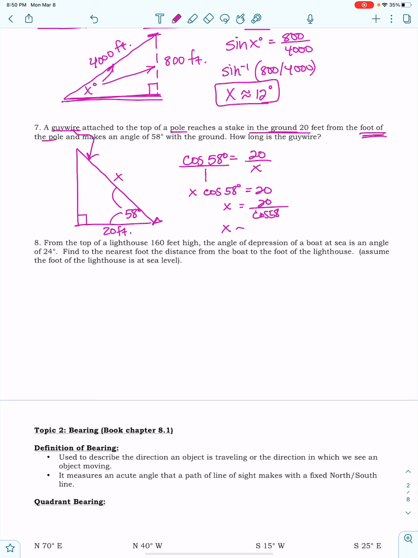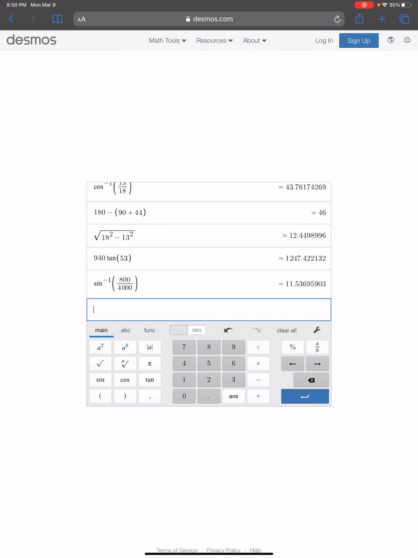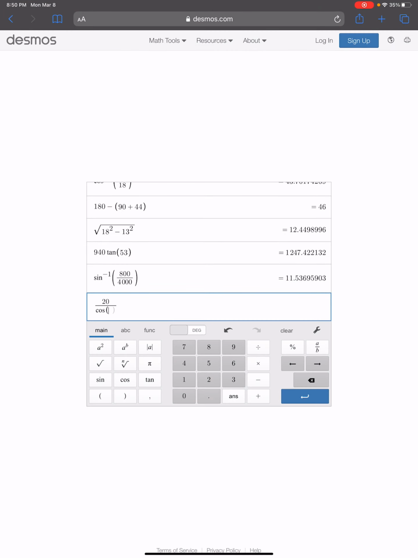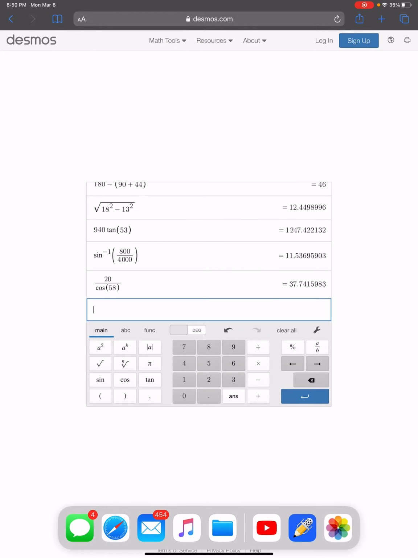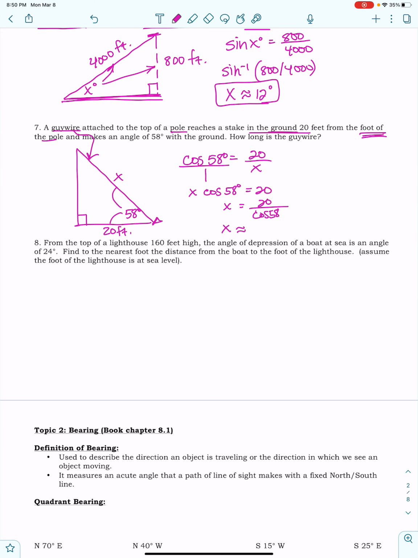So x is going to be approximately, I'm going to go to Desmos, 20 divided by the cosine of 58 degrees gives me 37.7, and this would be in feet. 37.7 feet. Awesome.